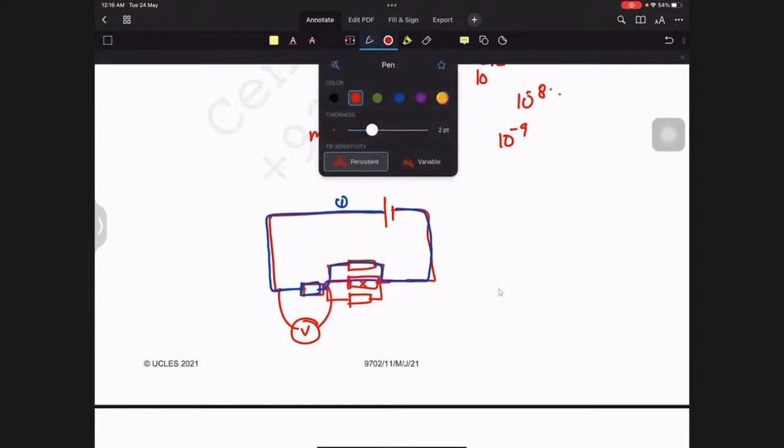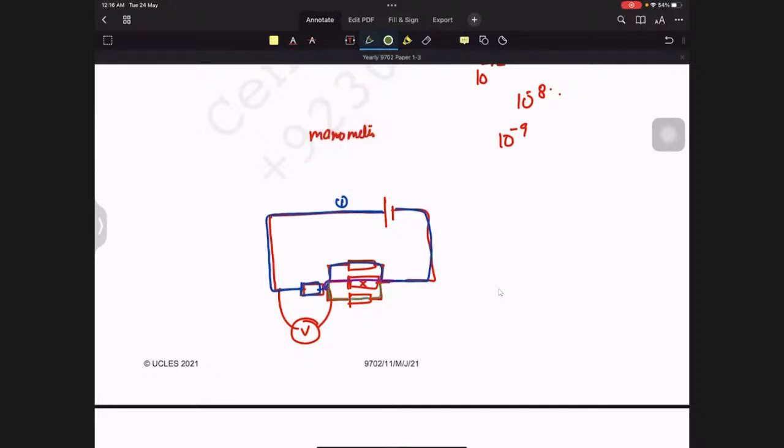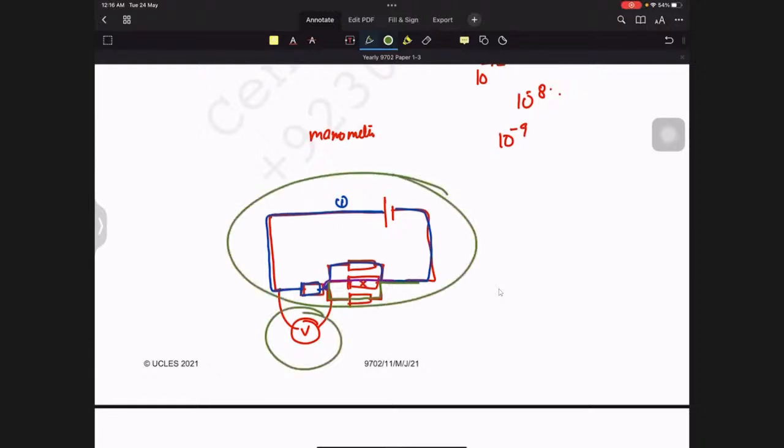So never ever try to go through all paths at one time. And once you have done the inner section, then you start connecting the voltmeters. Is it clear? Wheatstone Bridge is in A2. It's not in AS.